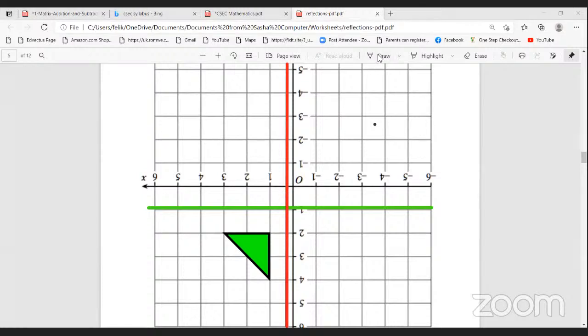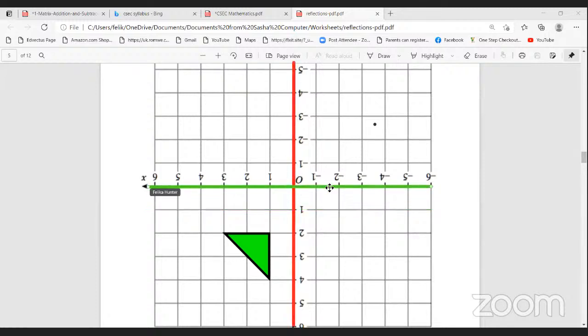Hold on, Marlon. See if we can move these lines. What if it was looking like this? And you're asked to reflect it in the x-axis. Where would it go? Would it go down? No, miss. It would go above.